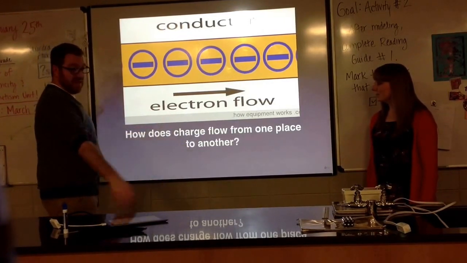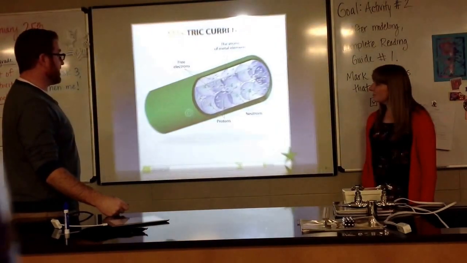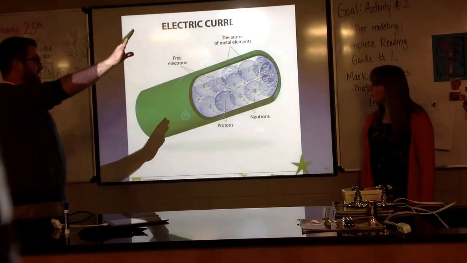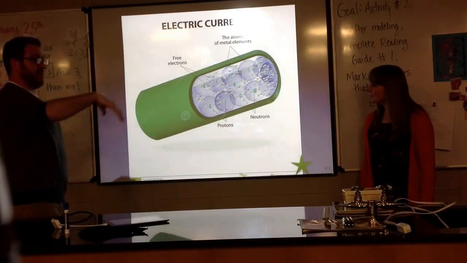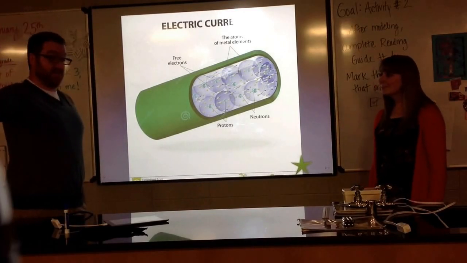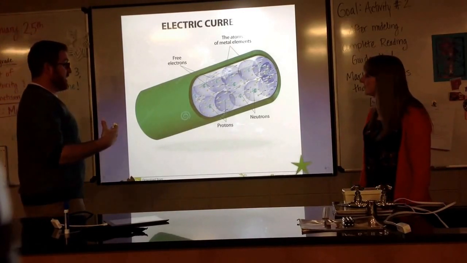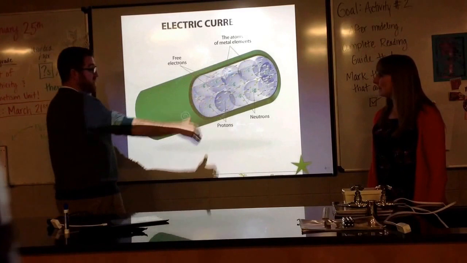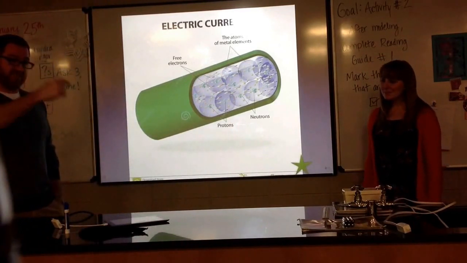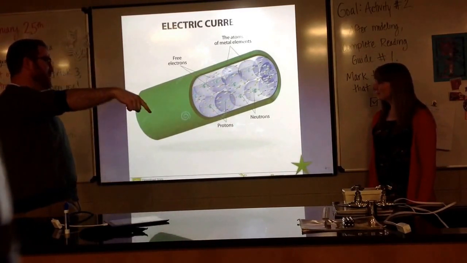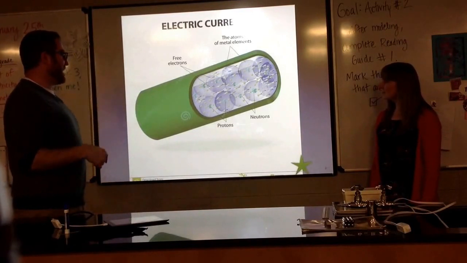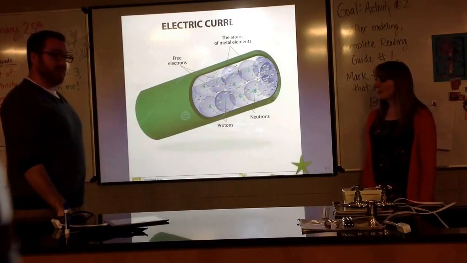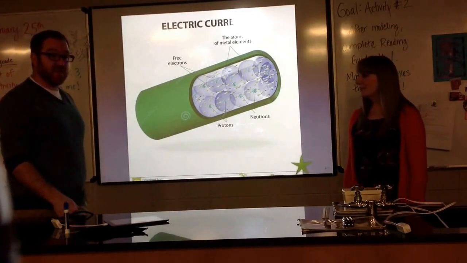If you take a look at it on a bigger scale, all these atoms lined up next to another, by moving an electron from one atom to another atom, we can get these things to move within that circuit and use them to our advantage.